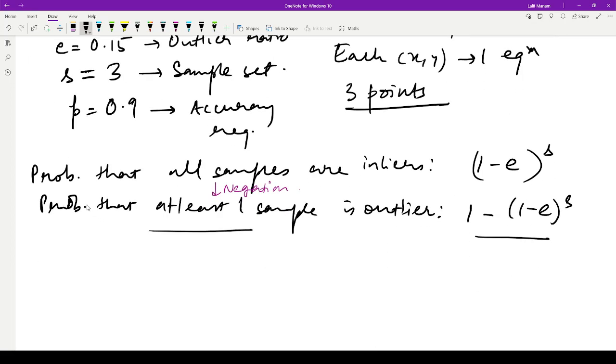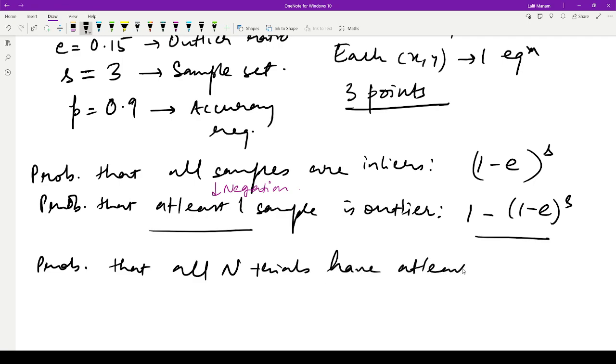Okay, what's next? The probability that all n trials have at least one outlier.